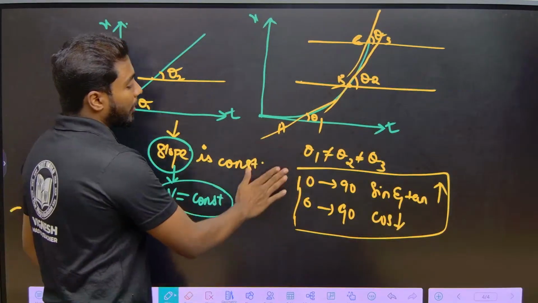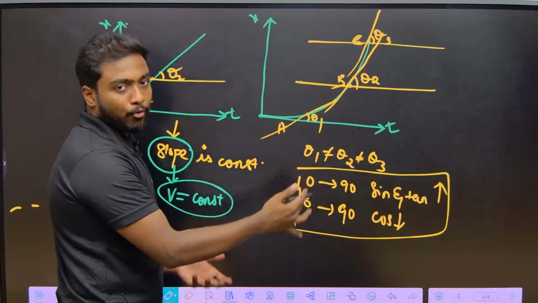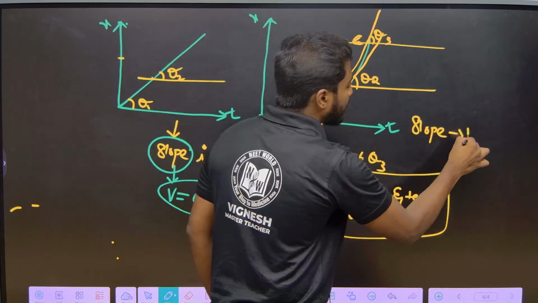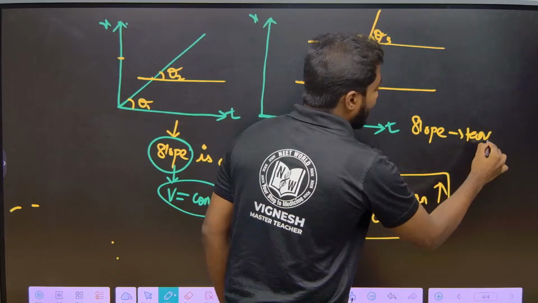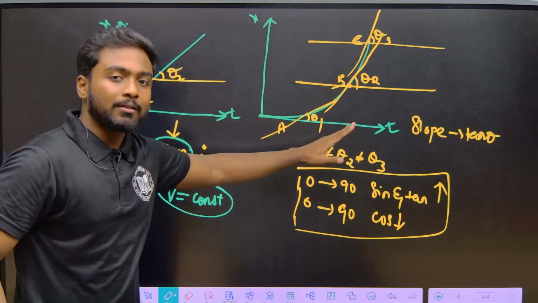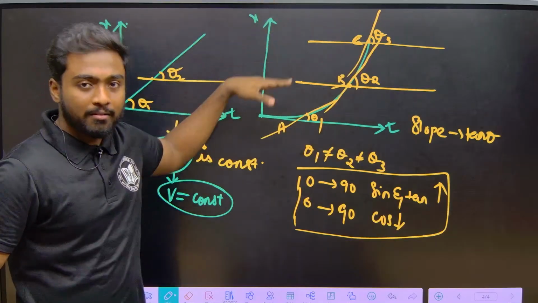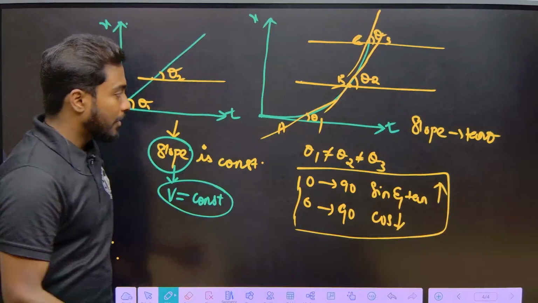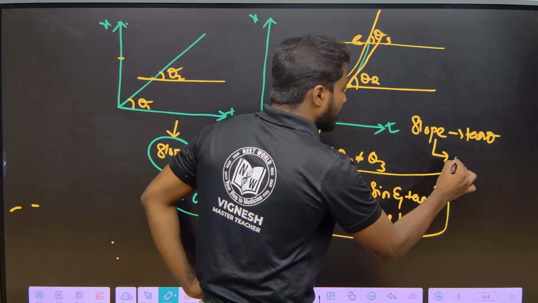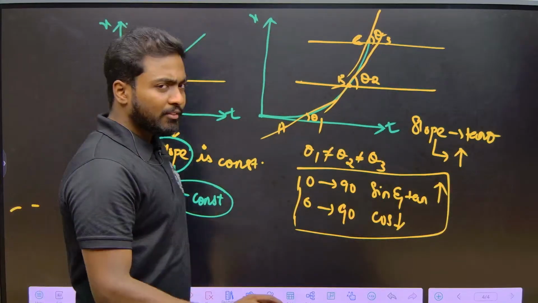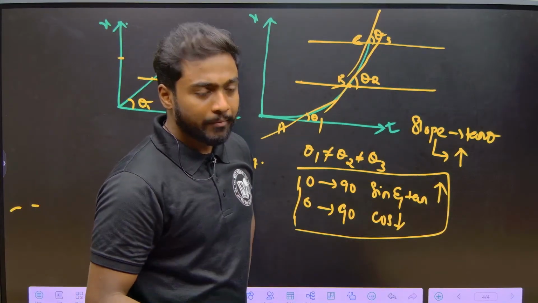So what we are talking about here is the tan function only, the slope. Slope is nothing but tan theta. Here, does tan theta increase or decrease? It's increasing, right? So what I can say here is the slope is increasing. Whether slope increases, velocity increases? Yes.